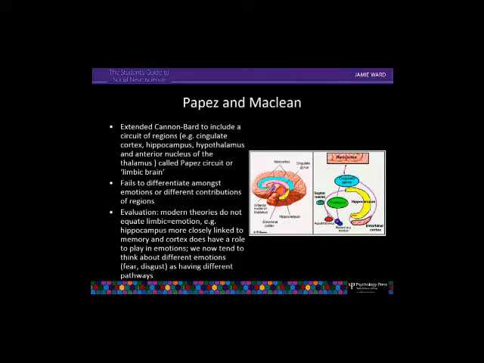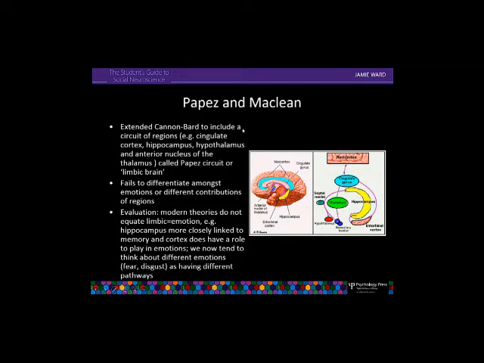Again, a lot of this is coming from emotions in the sense of observable behavior, because they're using animal models. They can't get the animal to do a questionnaire. All they can do is look at its motor responses.